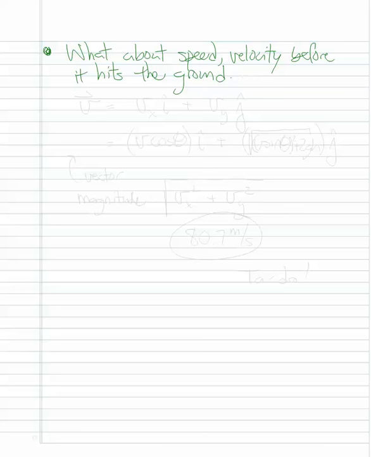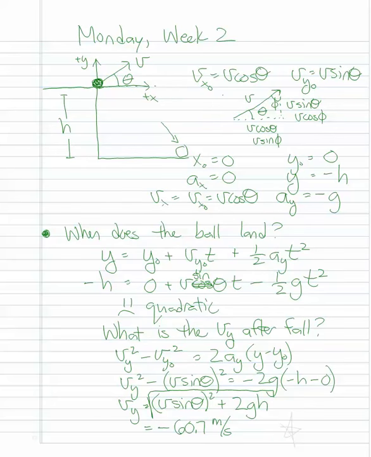And as we said, the final velocity is going to be equal to its x velocity, i hat, plus the y velocity, j hat. So what do we know about these things? Well, actually the x velocity has to be exactly what it started with. That's the whole point of projectile motion.